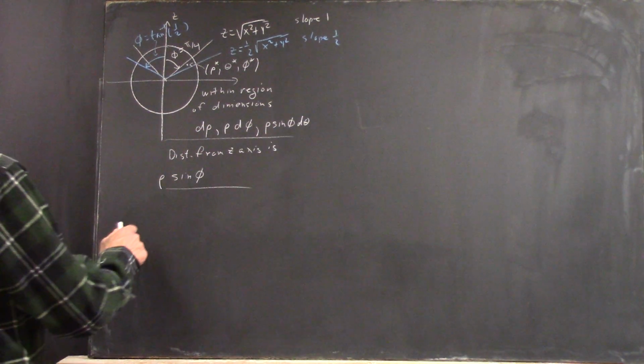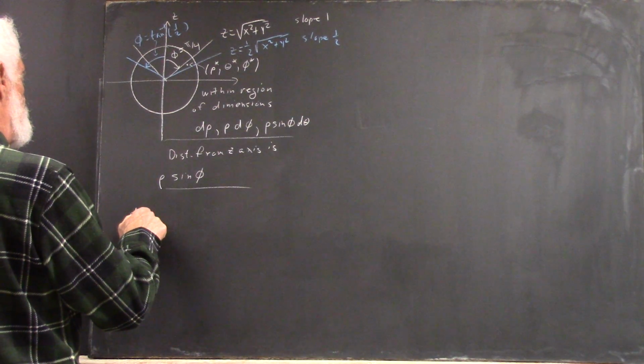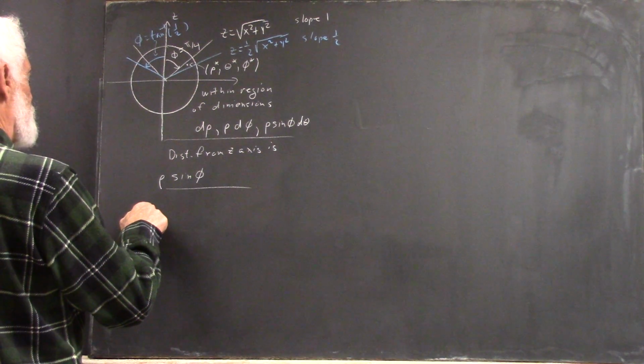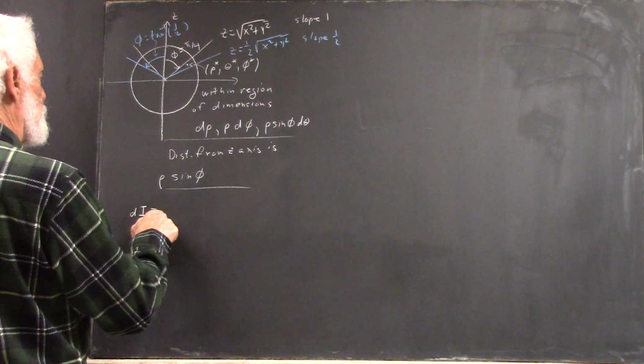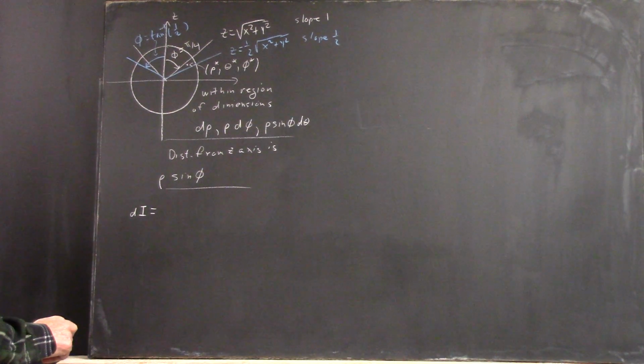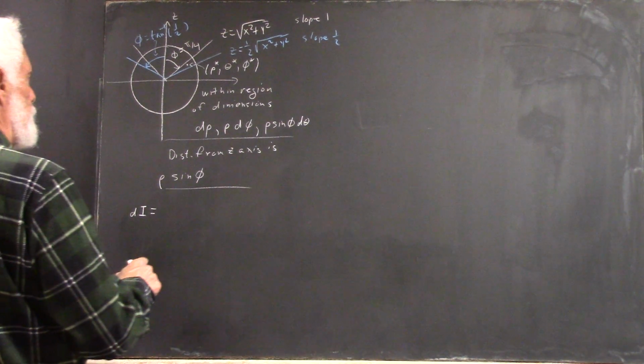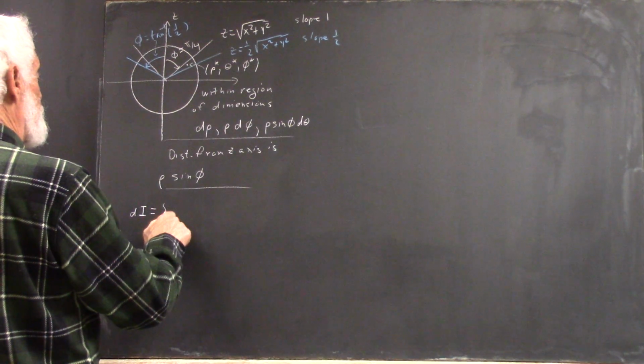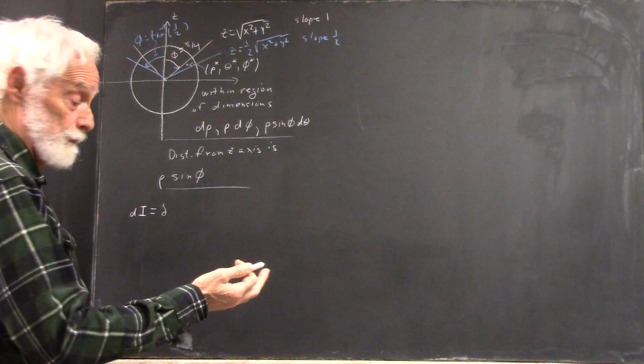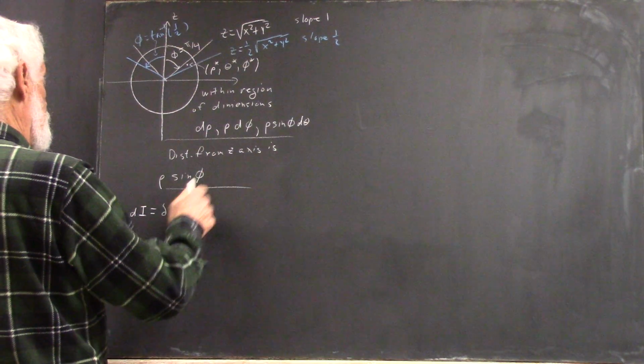Okay, so the contribution to the moment of inertia is density times volume of the region.